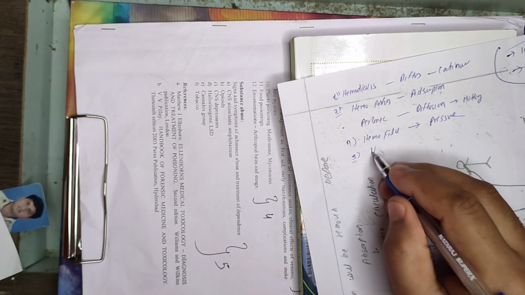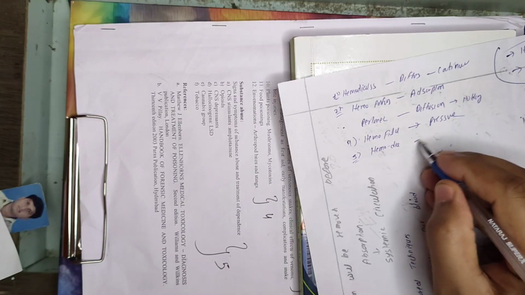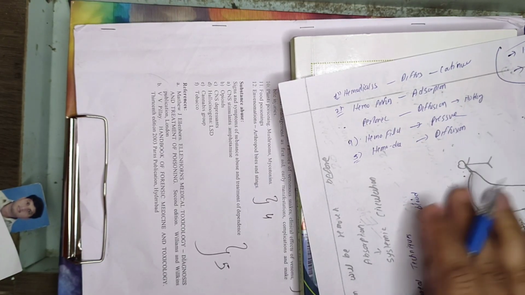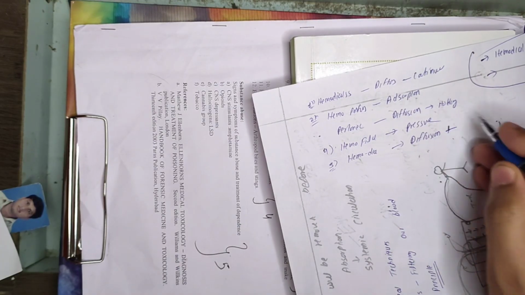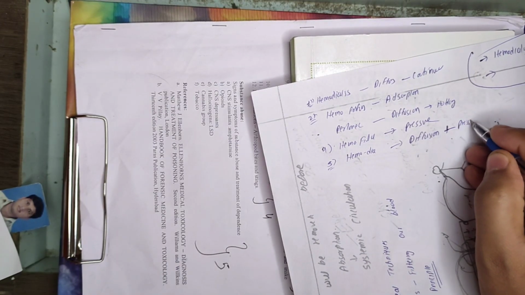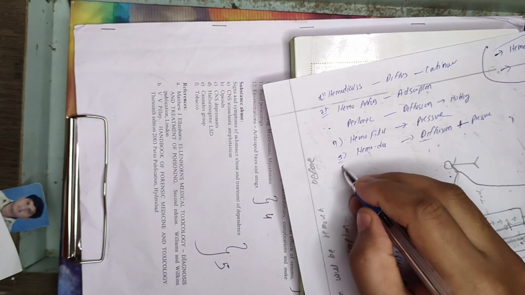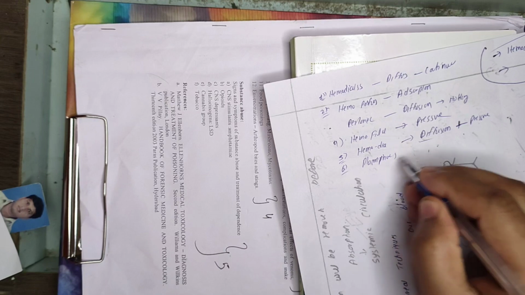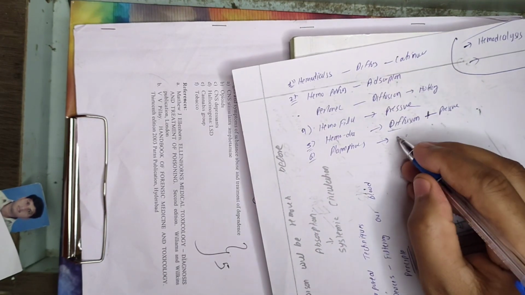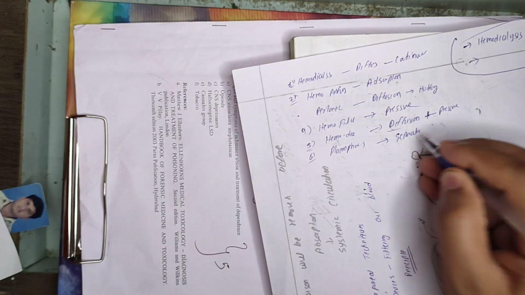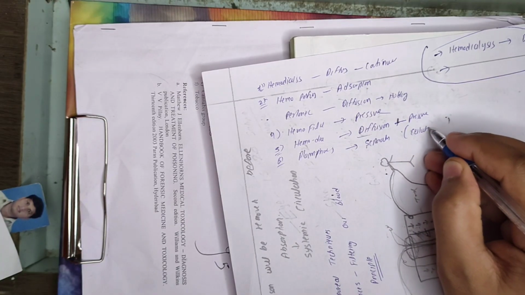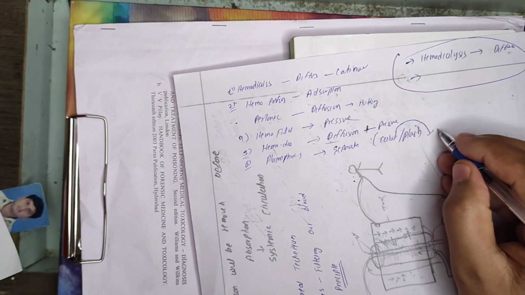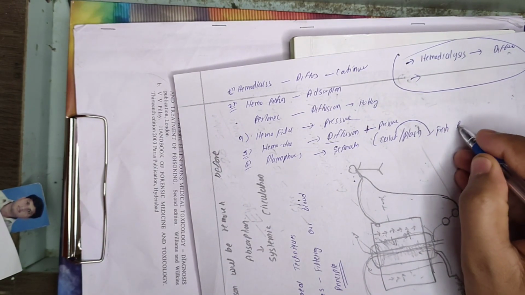Then our fifth technique is hemodiafiltration. Hemodiafiltration means we are using the principle of hemodialysis, that is diffusion, plus the pressure mechanism. We are using both techniques. Then our last technique is plasmapheresis. This technique is a separation technique, which separates the cellular compounds from the plasma, and these cellular compounds are dissolved into fresh frozen plasma.